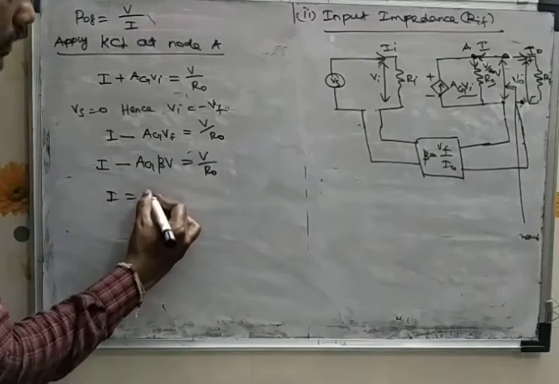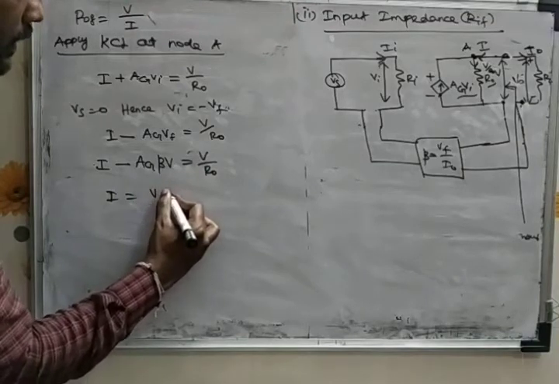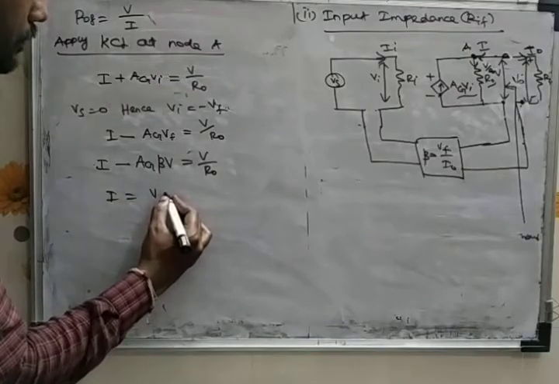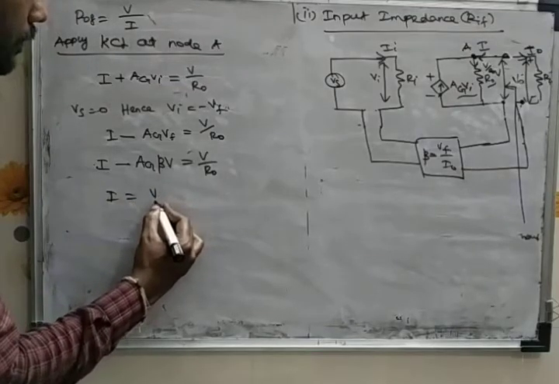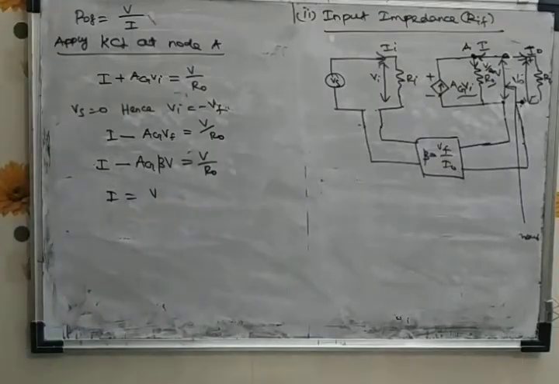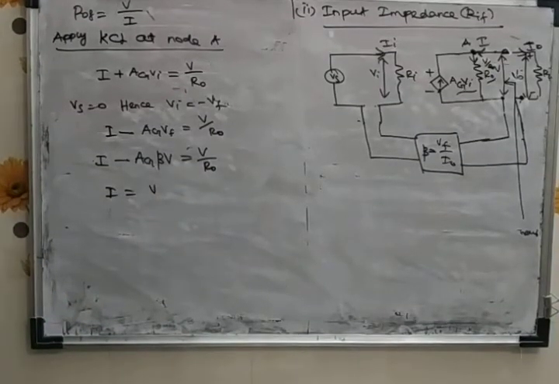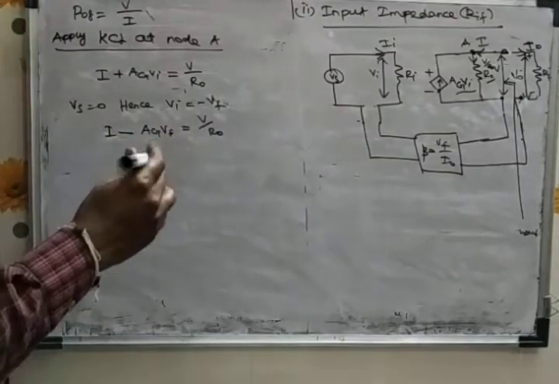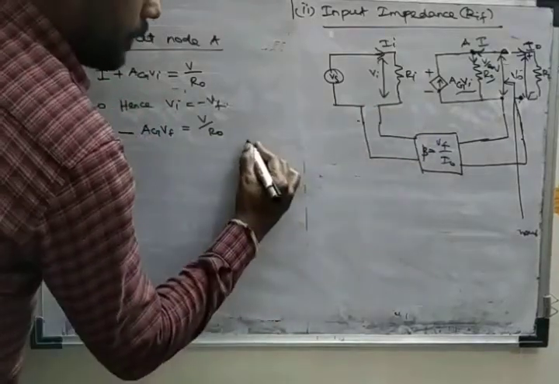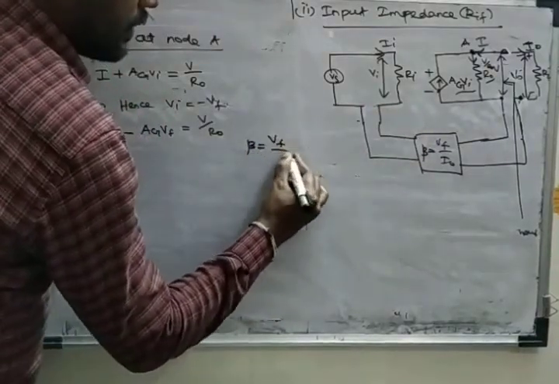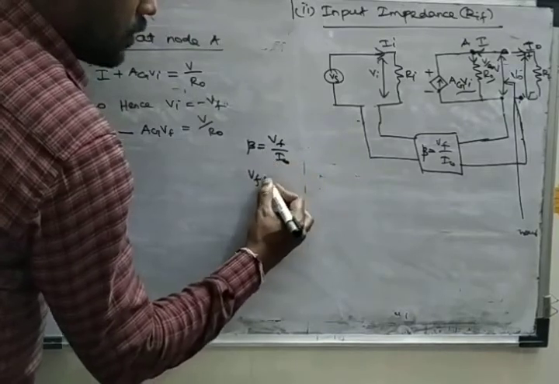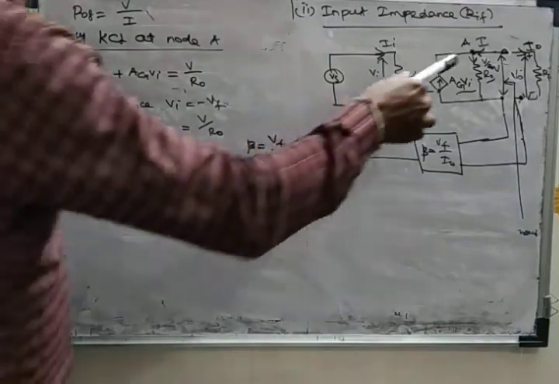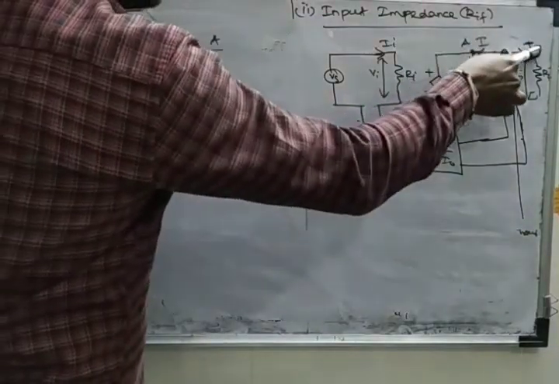Here we know that beta is equal to Vf by I naught. So Vf is equal to beta I naught. Here we consider I is opposite to I naught.